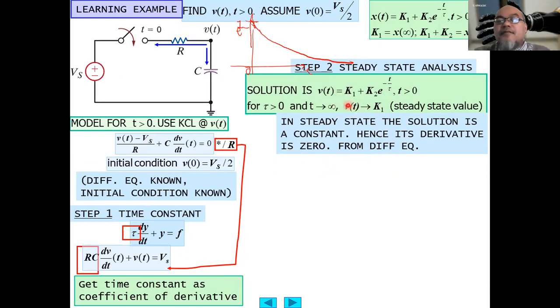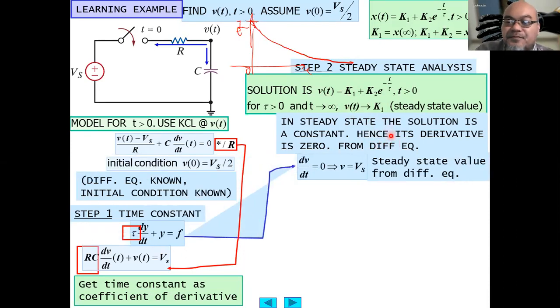Since dk1/dt, a constant, is zero, it means dv/dt should be zero. This one should be zero, right? Since it is at infinity, the steady state value doesn't change anymore with time.